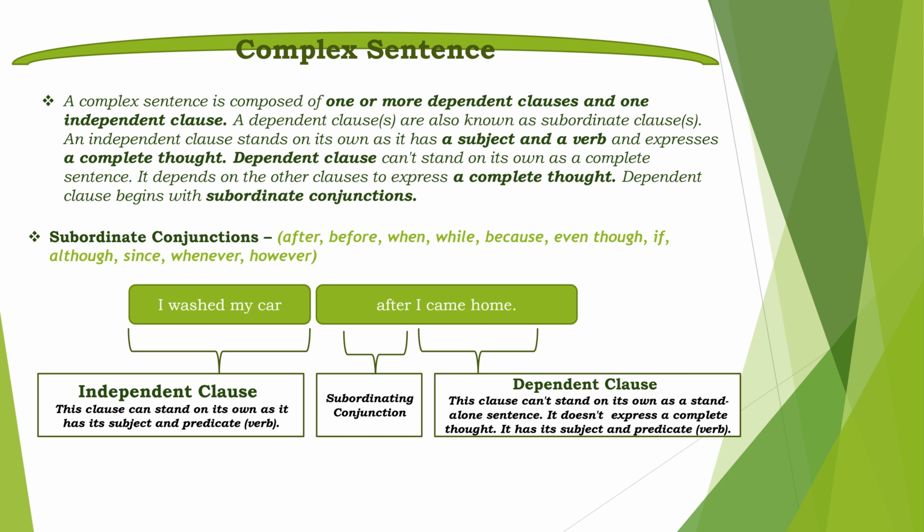Does it give you a complete thought? No. It needs something to complete its meaning. It has something missing, which is an independent clause. When we combine this dependent clause with the independent clause, it gives us a complete thought.